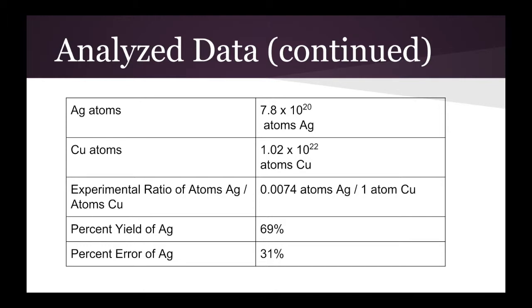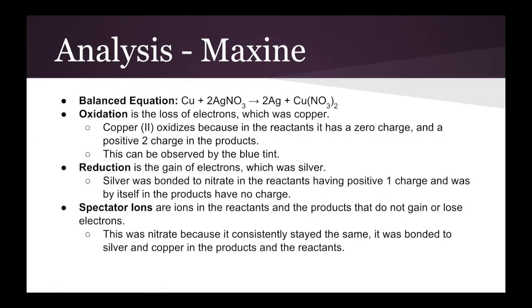The experimental ratio of atoms silver to atoms copper is 0.0074 atoms silver to 1 atom of copper. The percent yield of silver was 69%, and the percent error of silver was 31%. The balanced equation for this reaction was copper plus 2 silver nitrate yields 2 silvers plus copper nitrate.